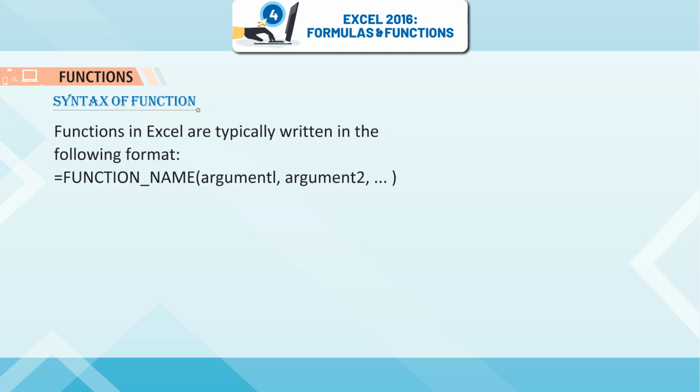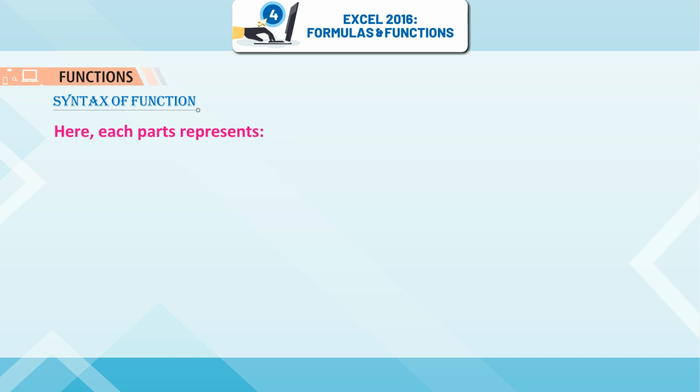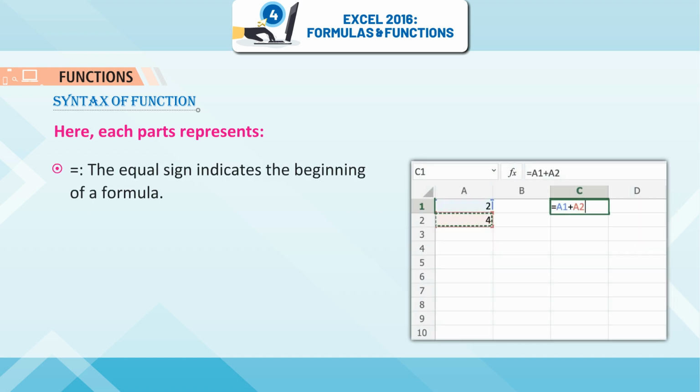Syntax of function. Functions in Excel are typically written in the following format: equals function_name, argument 1, argument 2, and so on. Here, each part represents: the equals sign indicates the beginning of a formula.